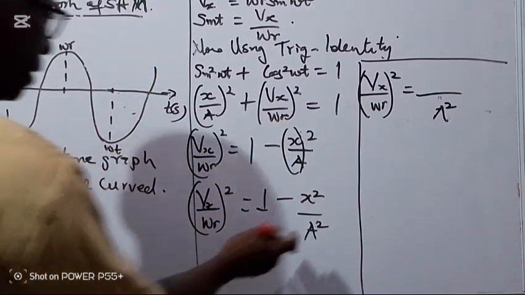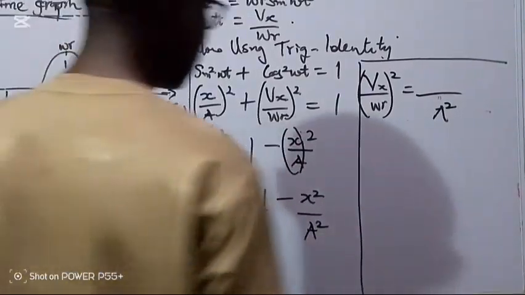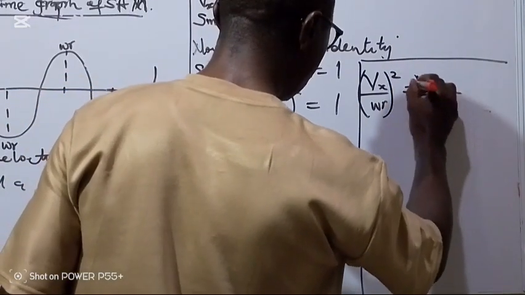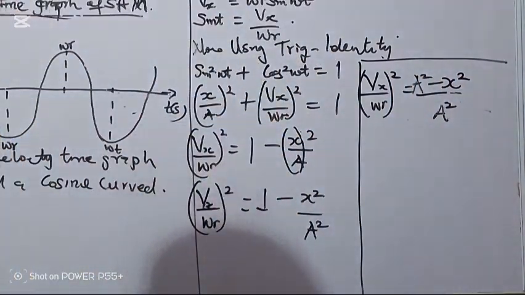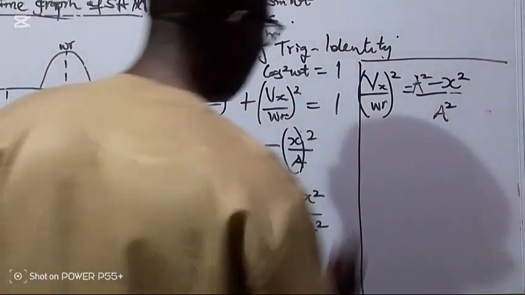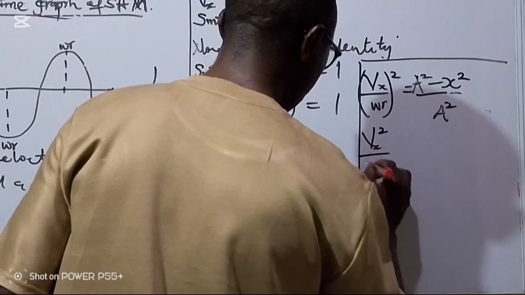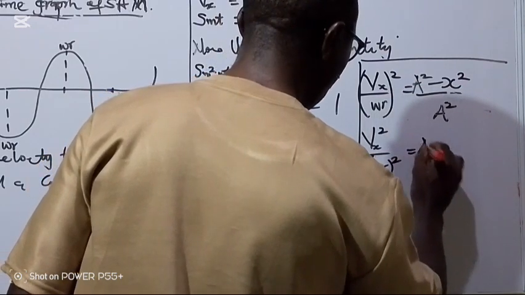So a square divided by a square will give us a square minus s square. So from this one, we have v square over omega square will be equal to a square minus s square over a square.